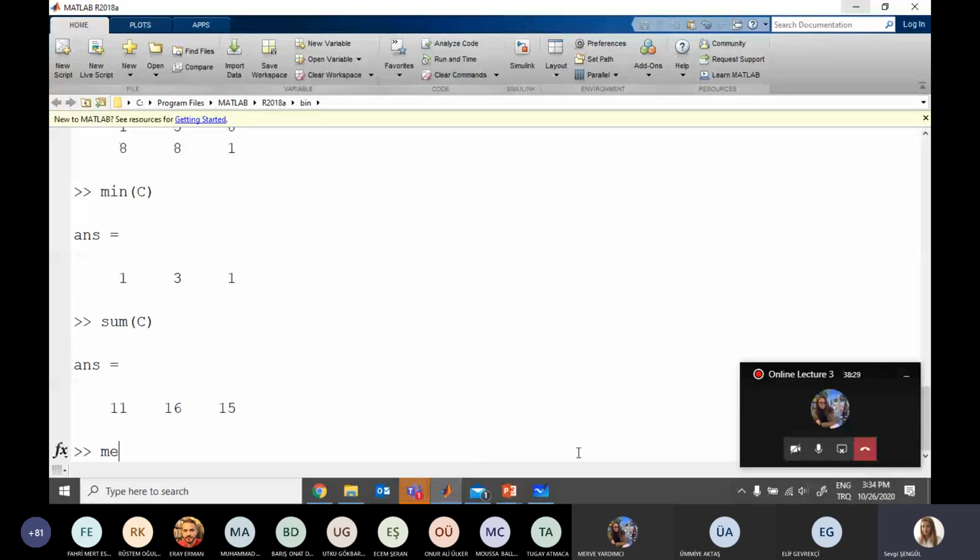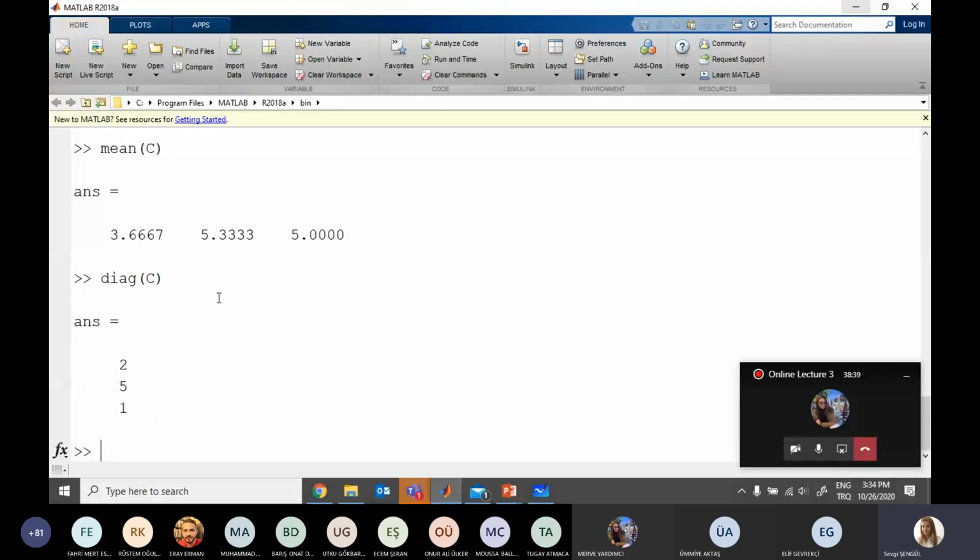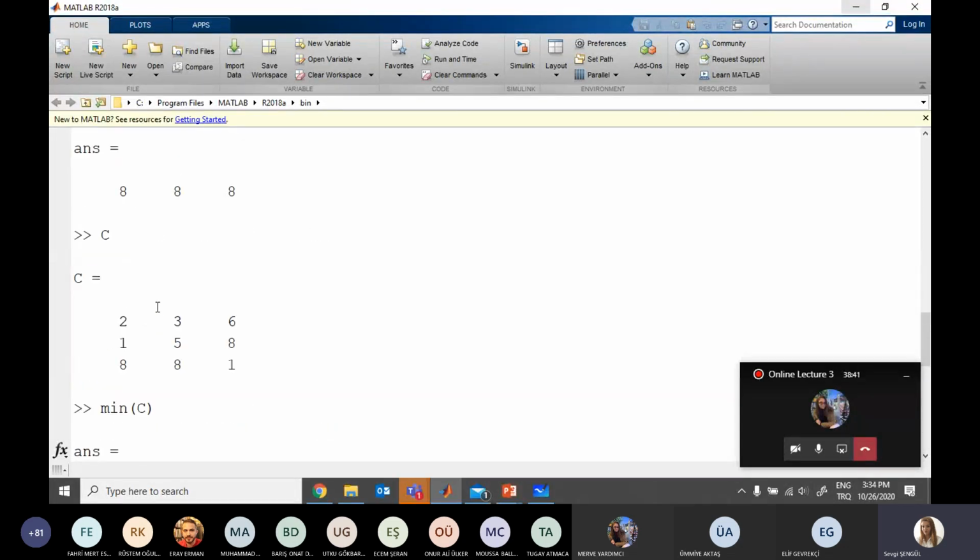You can find the average of each column by mean. And these kinds of things, you can find the diagonal of your matrix by diag of C. You know that 2, 5, 1, and it is giving you 2, 5, 1. And this kind of thing, you can do easily in MATLAB.